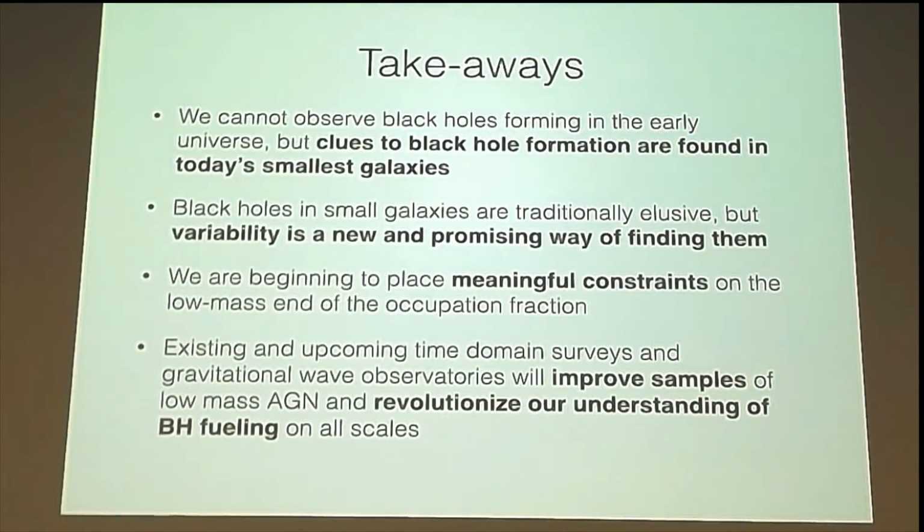Almost all isolated dwarf galaxies are star forming, whereas dwarf satellite galaxies are more likely to be quenched, presumably through interactions with their more massive host galaxy. And so that could definitely play a role in whether we're able to find AGN.